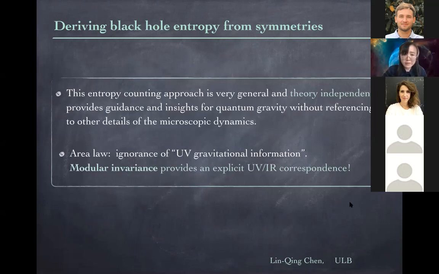Another reason is that the area law in some sense is like ignorance of the UV gravitational information, and it represents a universality class. One necessary condition for applying the Cardy formula is modular invariance, which provides an explicit high temperature, low temperature, or UV-IR correspondence. So I think in this direction there will be something very deep that I haven't seen yet.